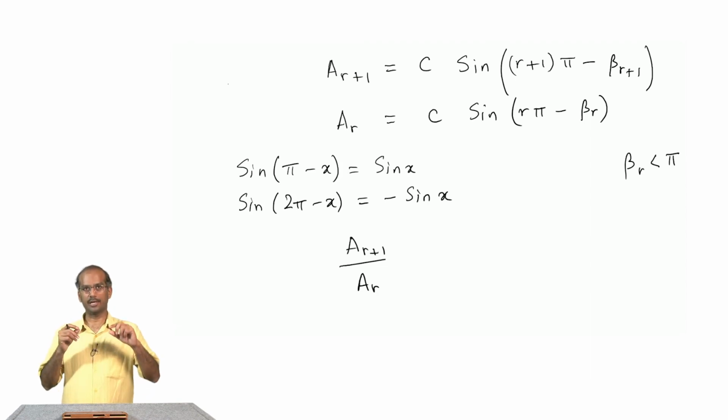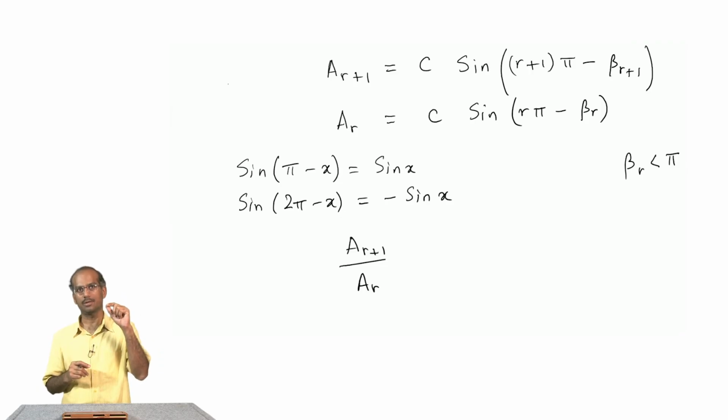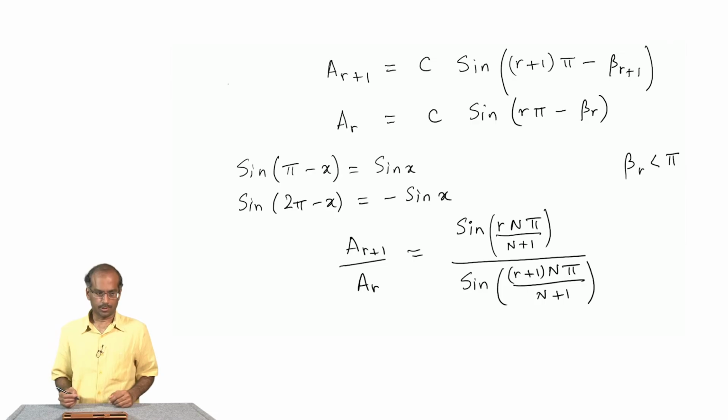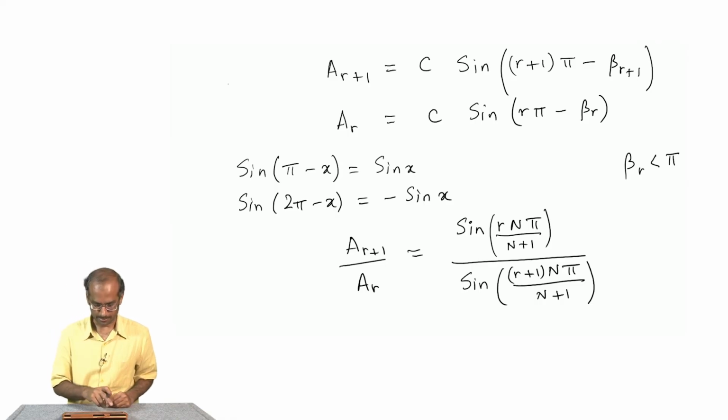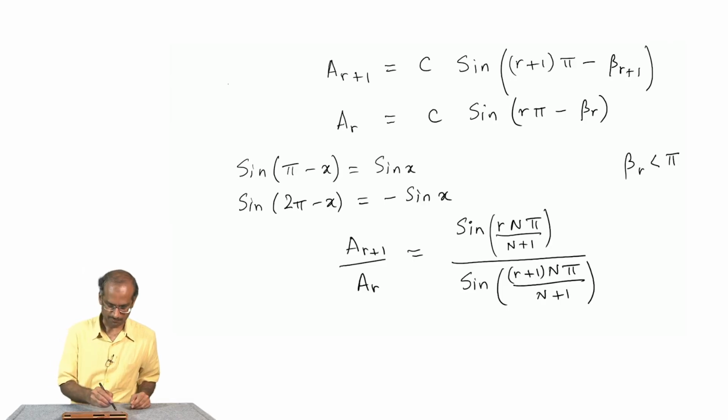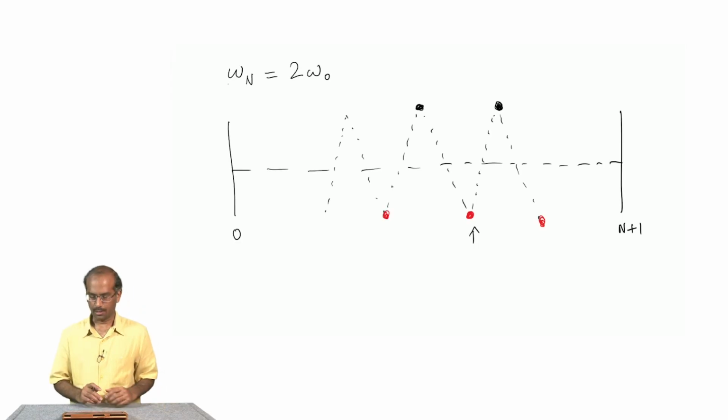Which means that the neighboring amplitudes are always going to be the negative of the other. So, there is always going to be a negative sign in this ratio of A r plus 1 divided by A r.